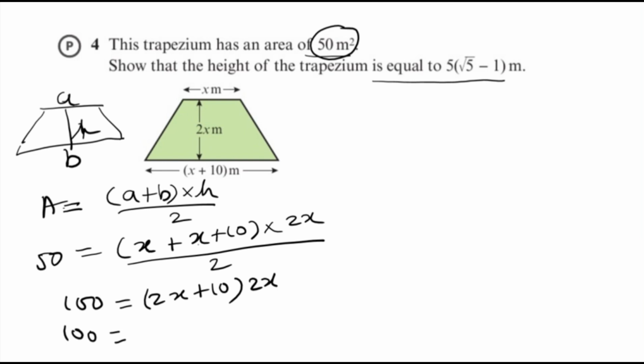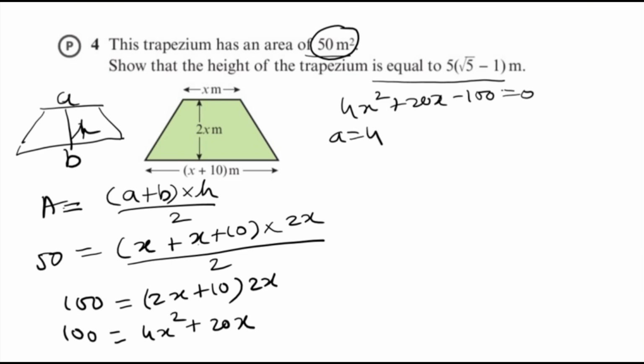Expand the bracket: 100 is equal to 4X squared plus 20X. Now to use the quadratic formula, we need general form. So 4X squared plus 20X minus 100 is equal to 0. So our A is 4, B is equal to 20, C is equal to minus 100.